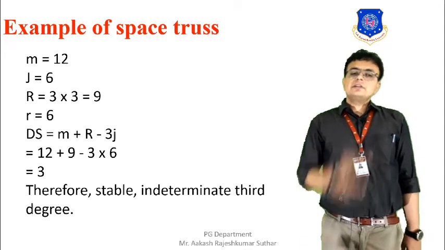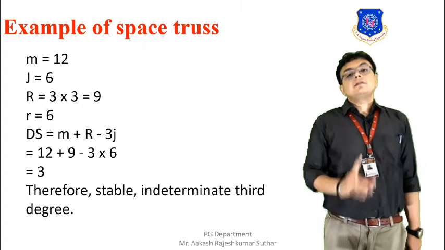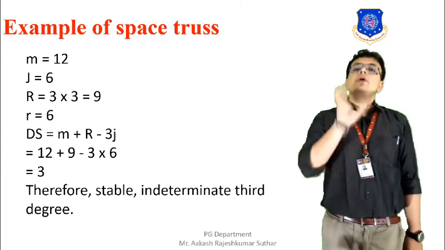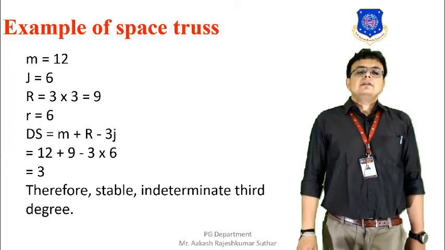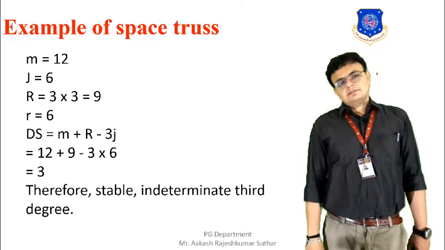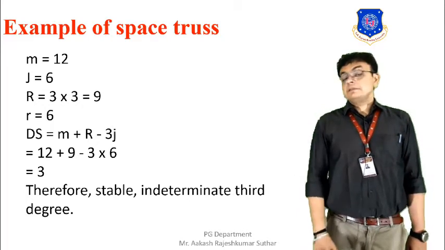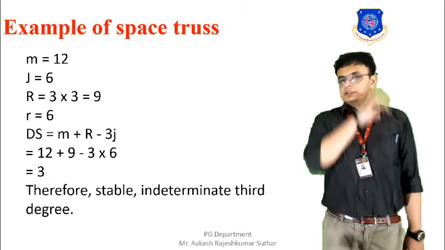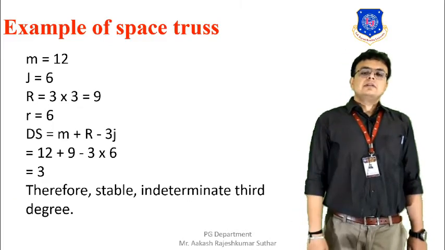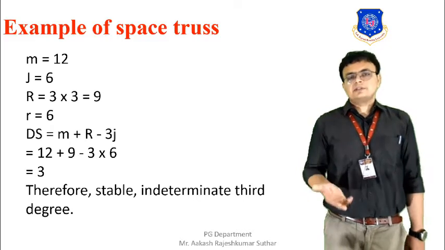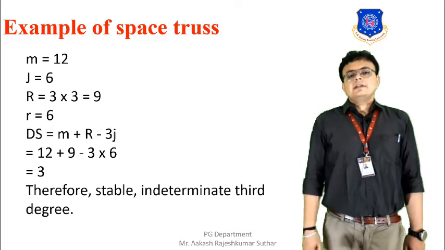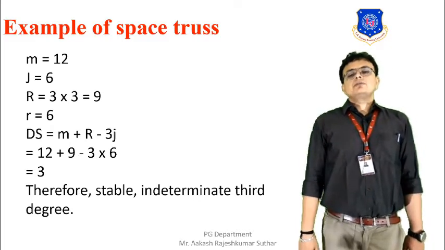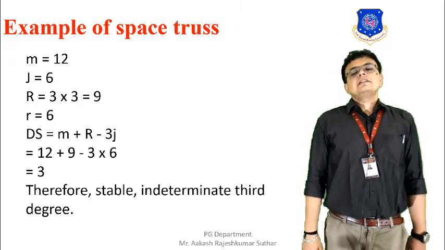The conditions of equilibrium available for the space truss will be equal to 6. Based on that, we have a formula. In the previous session, we discussed that ds is equal to m plus capital R minus 3j.